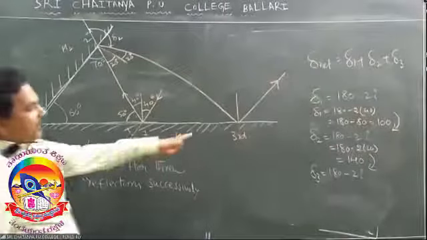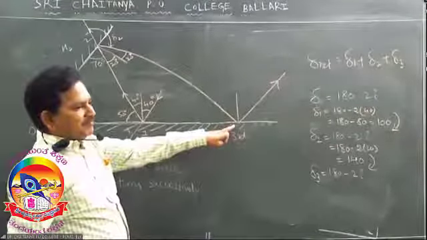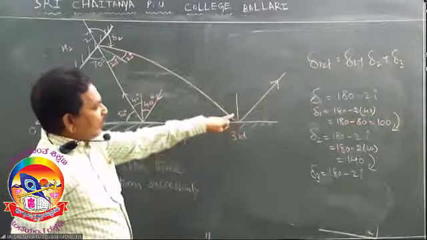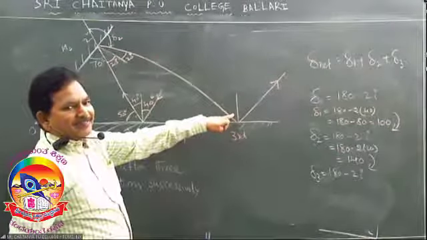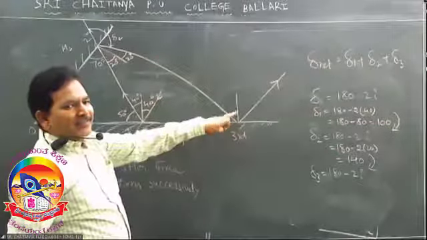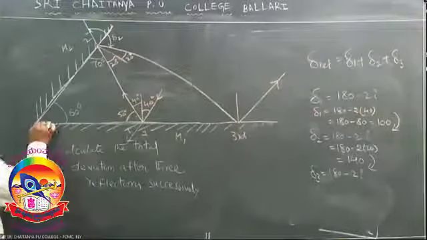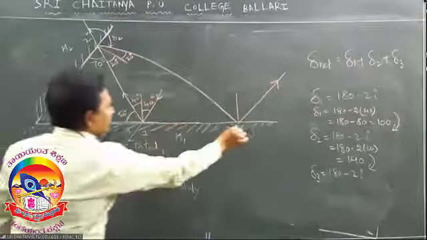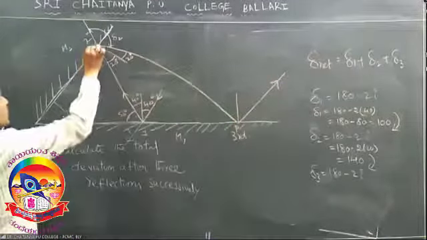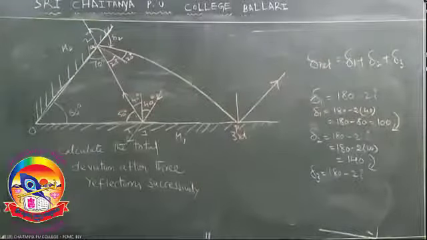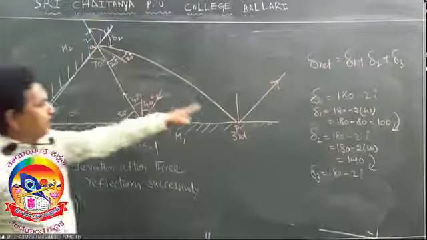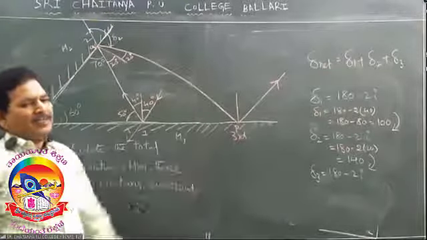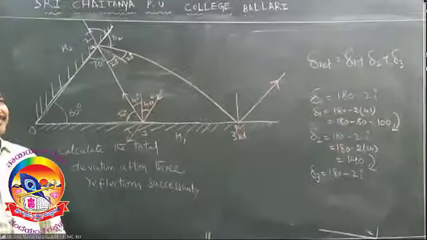Now here I want to calculate the deviation. For that I want the angle of incidence here. It is only mathematics. Consider the large triangle; suppose this is P, this is Q, the triangle OQP. Whatever the size of the triangle, the total angle in a triangle is 180.